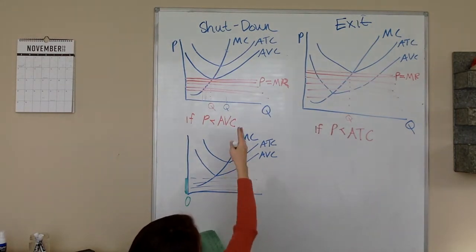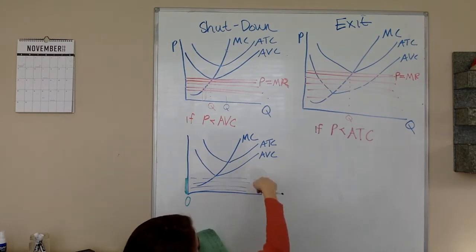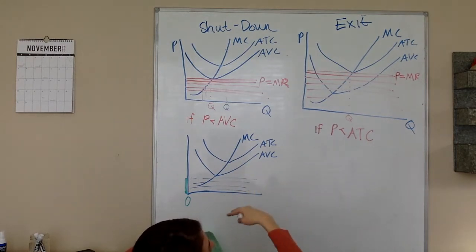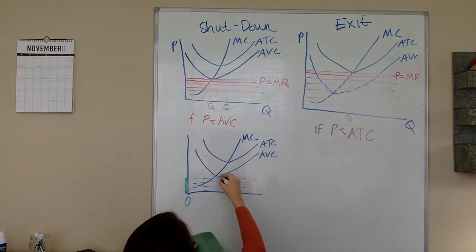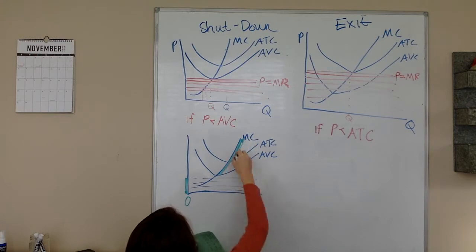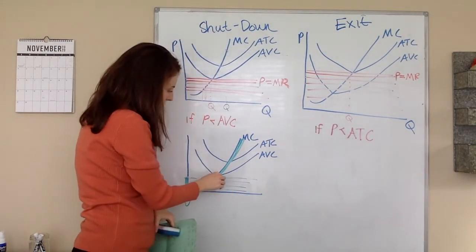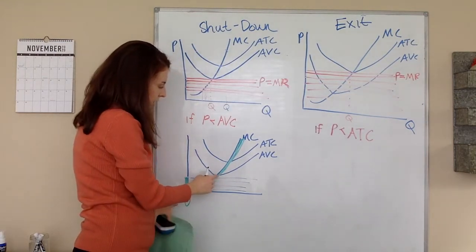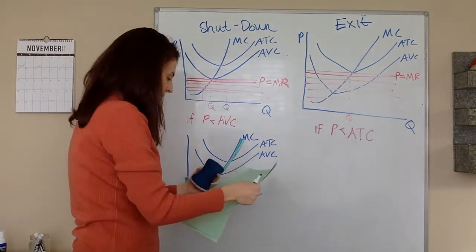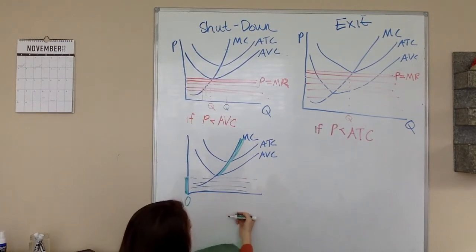They'll just quit churning things off the conveyor belt, but they won't sell the business. So the portion of the marginal cost curve that is above the bottom of the average variable cost curve is consistent with what the firm supplies.